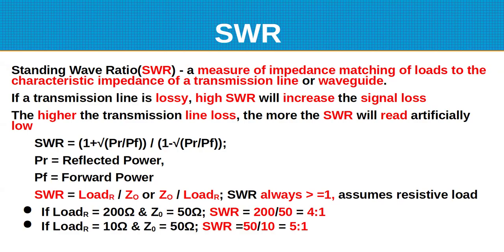That's not going to look like a very bad SWR at all, where it's an SWR of 2 in reality. So you can't necessarily trust the reading you get on an SWR meter or by doing it with reflected and forward power at the receiving end, because it doesn't take into account the loss in the coax.